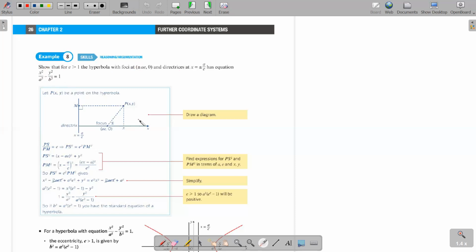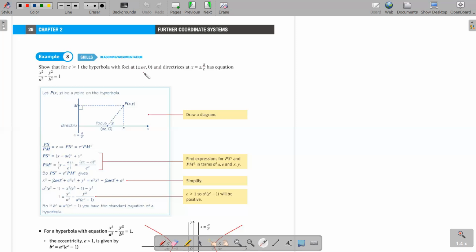You can see here your e values are bigger than 1, right? So when you consider the values ae and a over e, which is larger? ae is bigger. If e is 2, ae means a times 2, so it's 2a, while a over e is a over 2, so it's like halfway. Do you see that when e is bigger than 1, ae is going to be bigger than a over e?